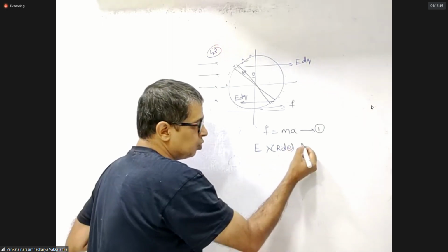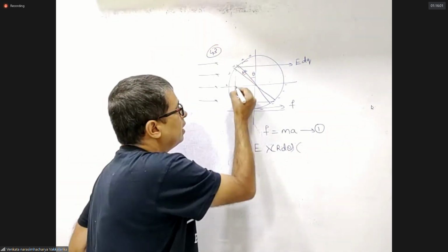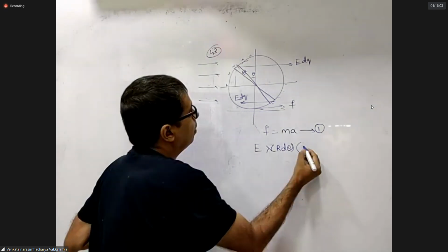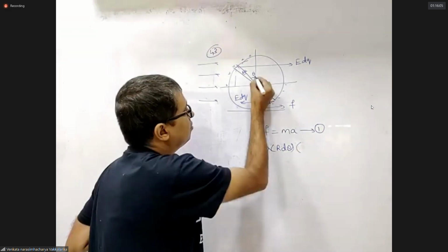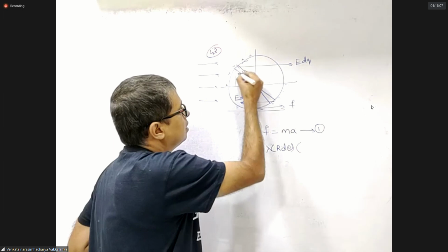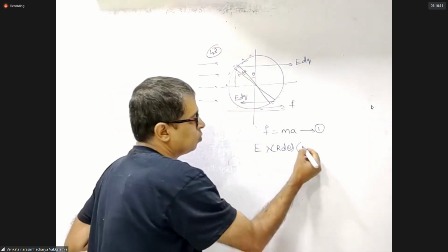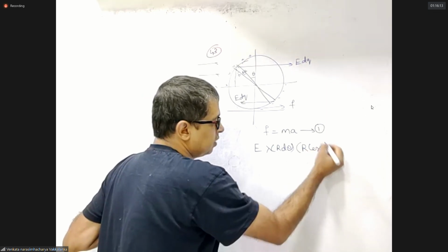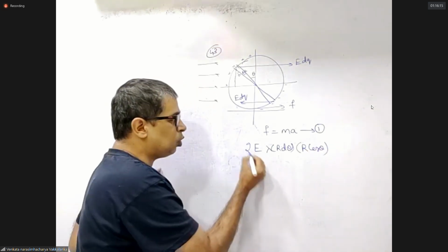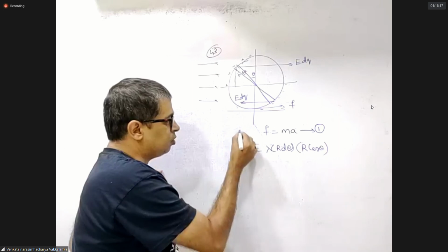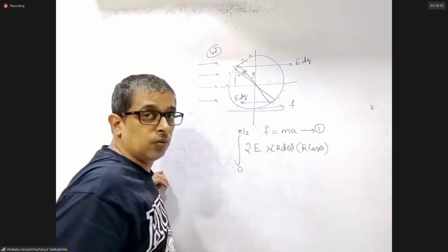This is the force into the perpendicular distance. Perpendicular distance, if I have taken this angle as theta, will be r cos theta, into 2, integral 0 to pi by 2.